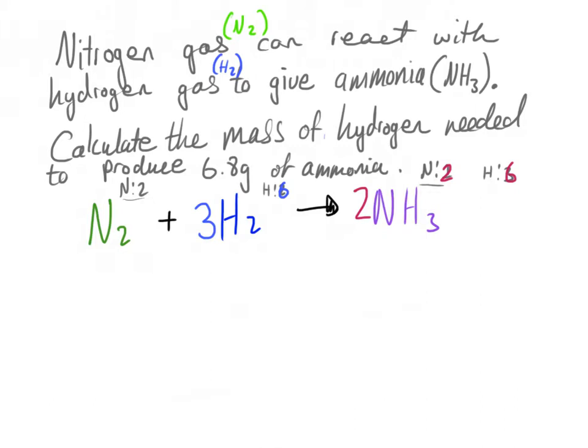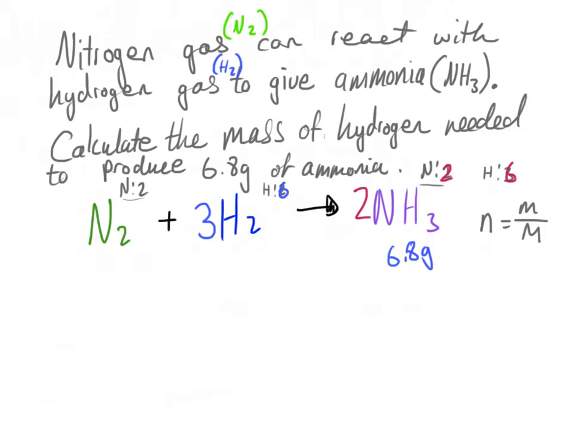Calculate the mass of hydrogen needed to produce 6.8 grams of ammonia. So we know that the mass of ammonia we have is 6.8 grams. And from the equation, number of moles equals mass, small m, divided by molar mass, big M, we can use this to work out the number of moles of ammonia present in this reaction.